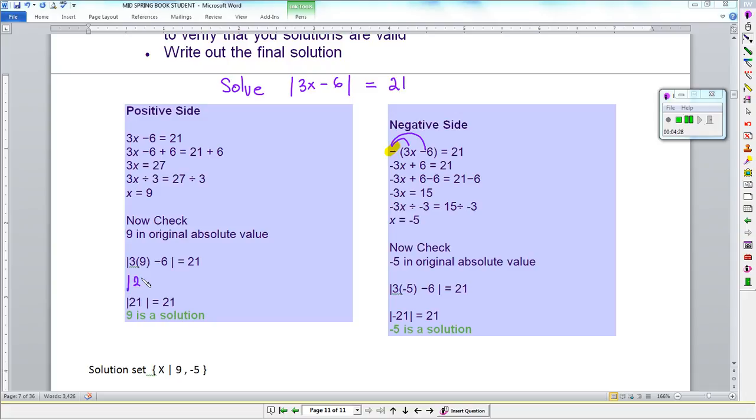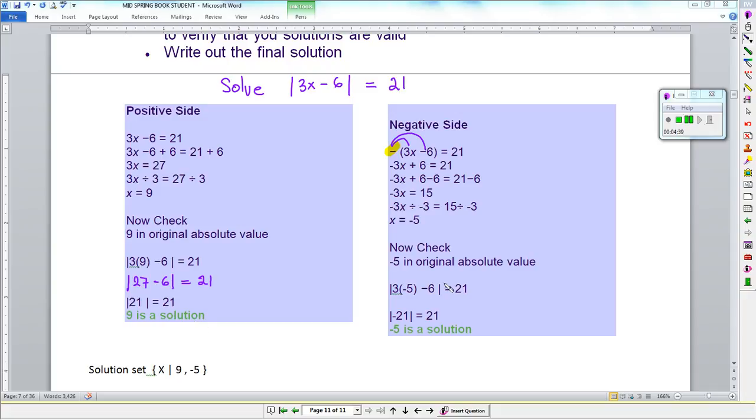So right here, you have 27 minus 6, and take the absolute value of that. That gives us the absolute value of 21, and that equals 21. So we can conclude that yes, 9 is a solution.